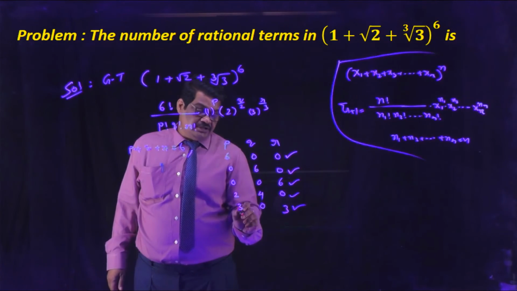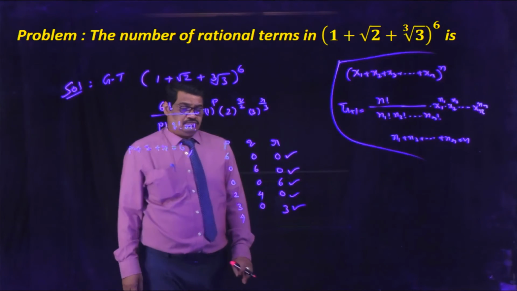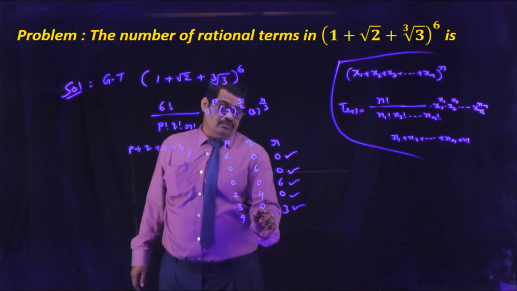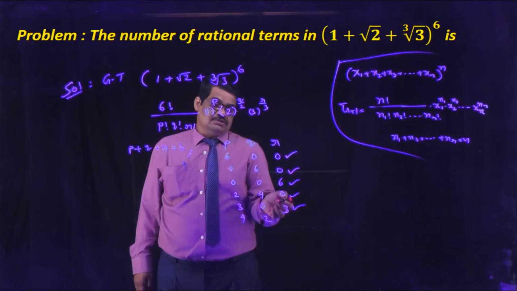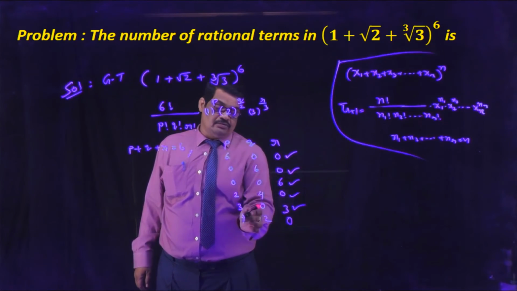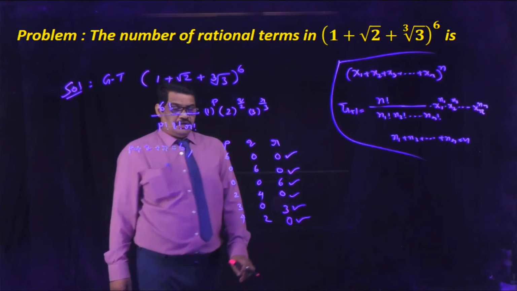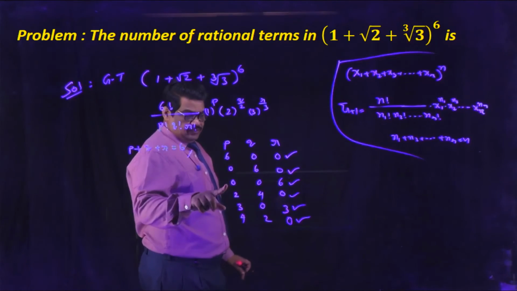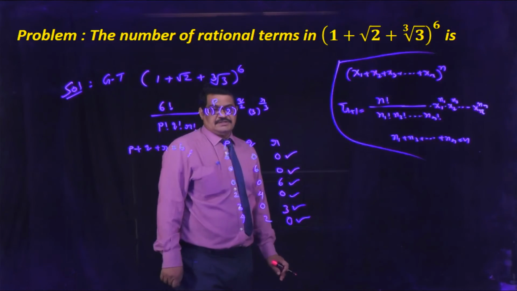Next we take this value as 4. Then the other value is only 2, and 2 by 2 is an integer, so the last will be 0. 4 plus 2 is 6. This is another chance. Next, 3 plus 3 that is 6 chances.